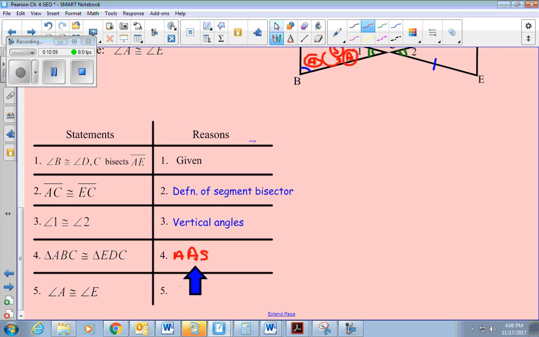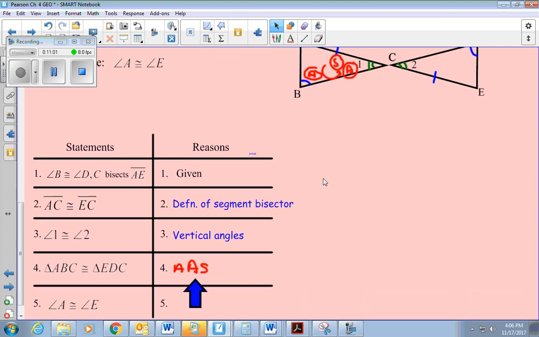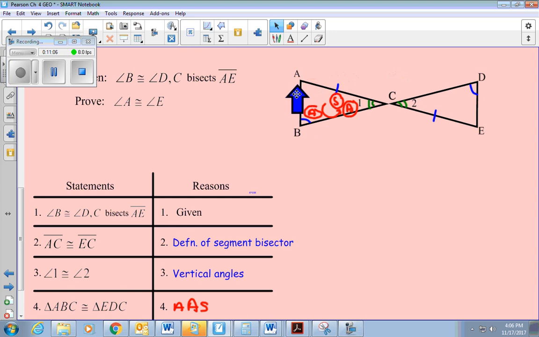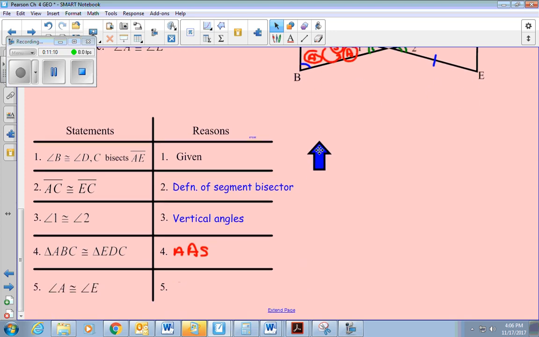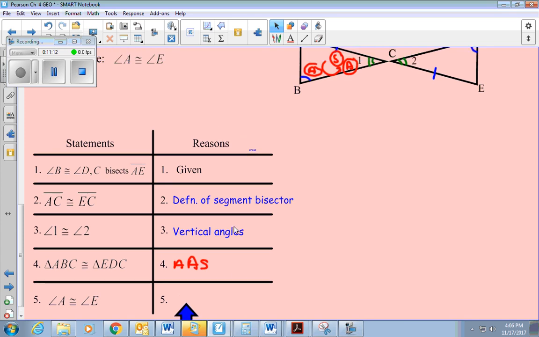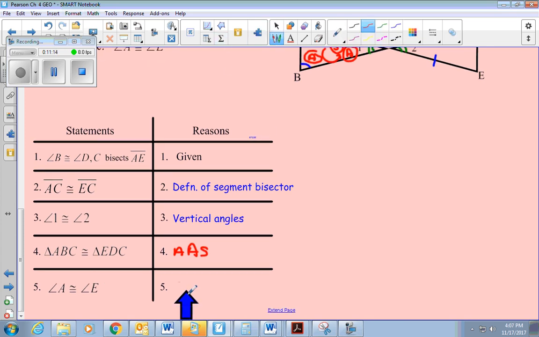All right, and then last but not least, we can say that angle A is congruent to angle E because corresponding parts of congruent triangles are congruent. If we've already declared the triangles congruent, like in here, then we know all their corresponding parts are also congruent.